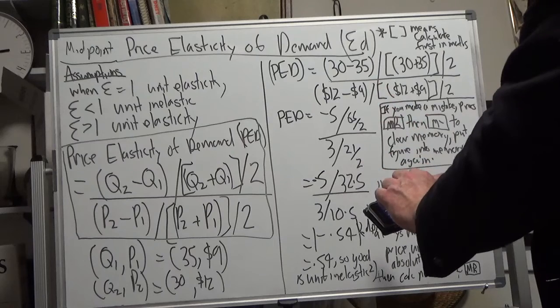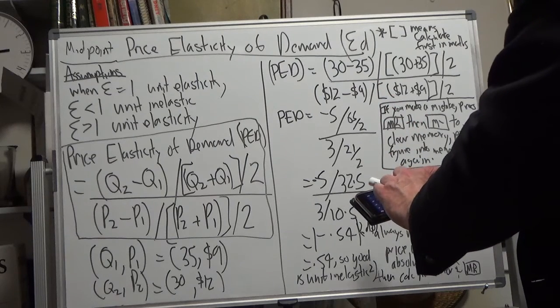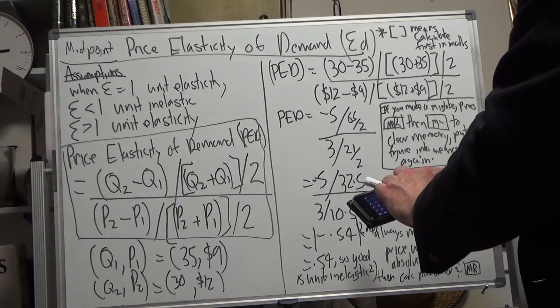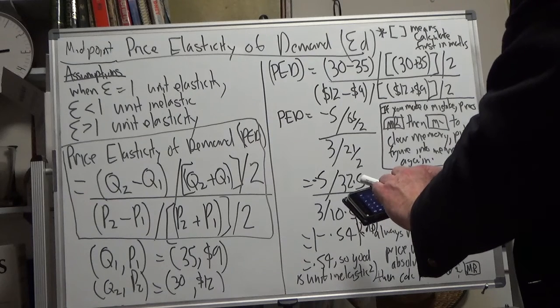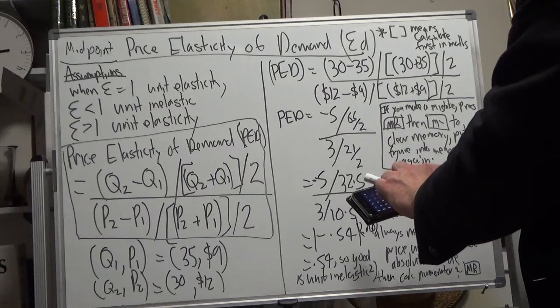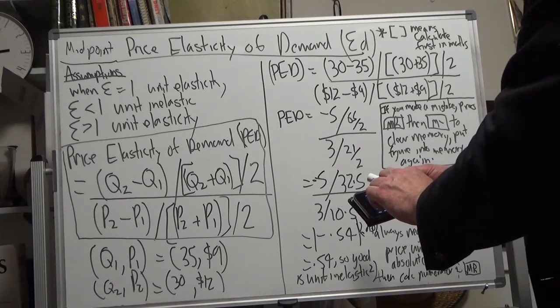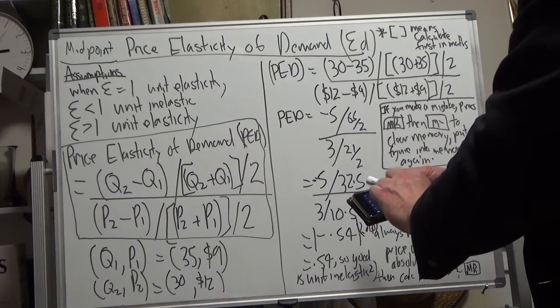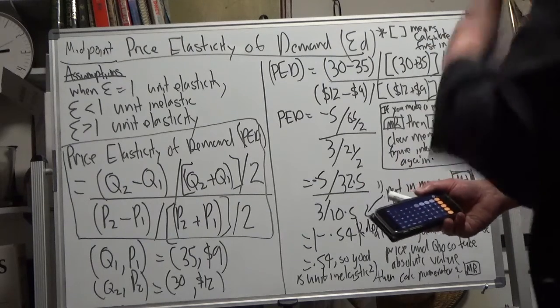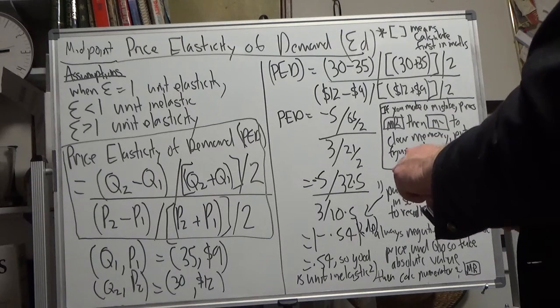So now you can input the numerator, minus 5 over 32.5, which is that, divided by your memory recall, what's in your memory, and you should get the correct answer.